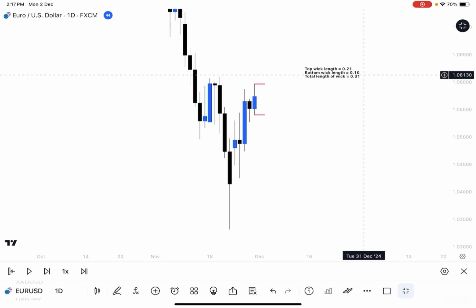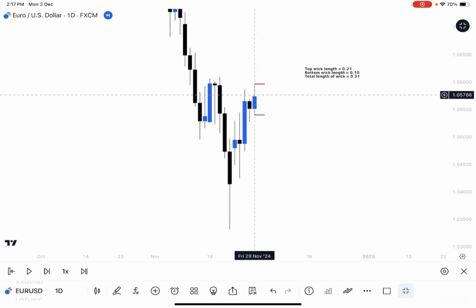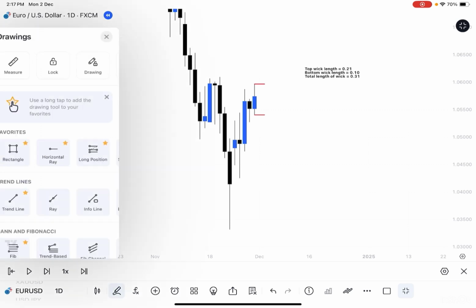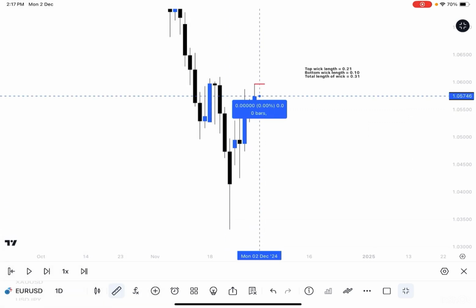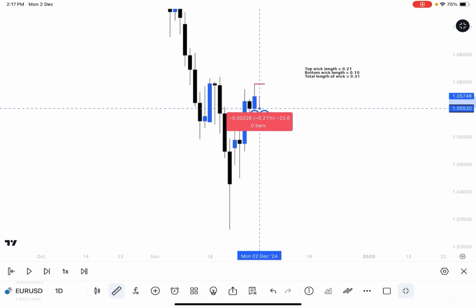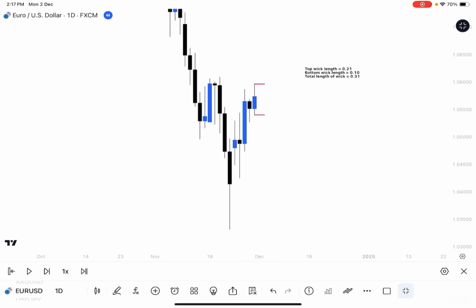Now let's check the length of this candle body. Same, measure the length of the body of this particular candle. It's 0.22. So I will write it and show you guys.